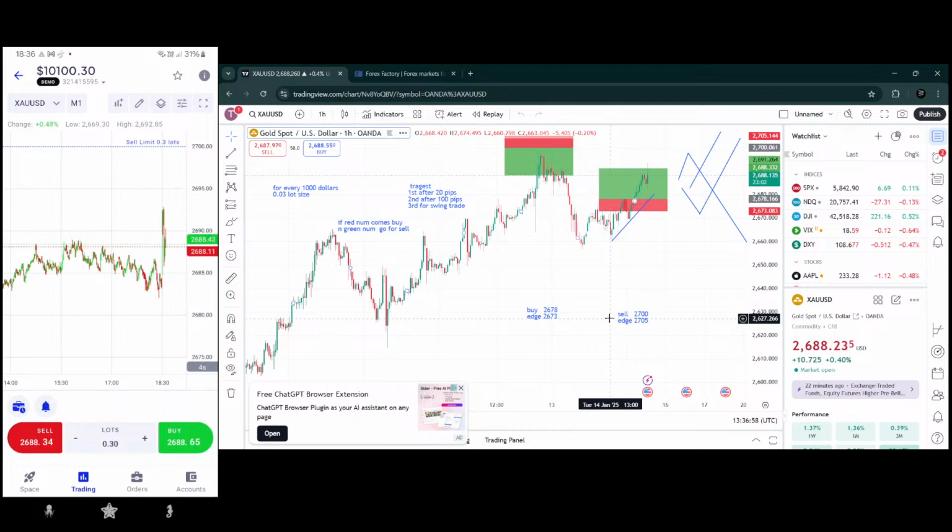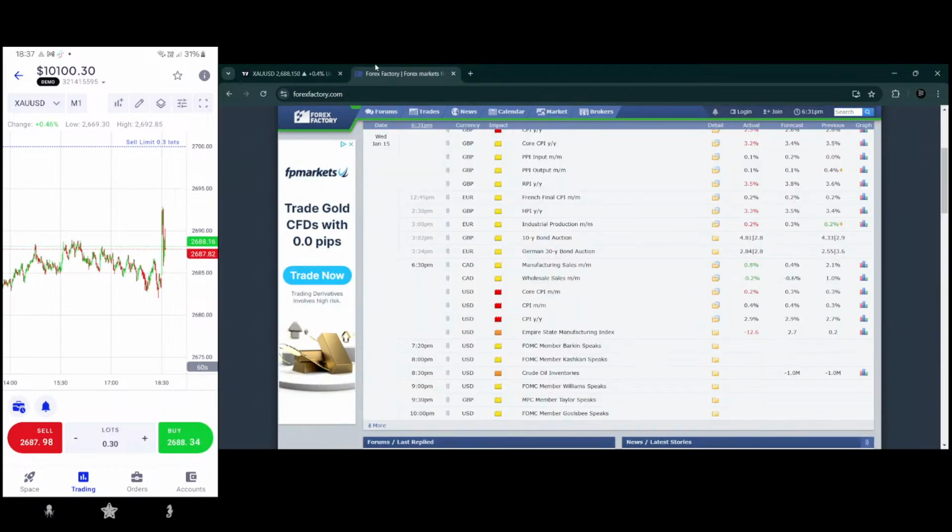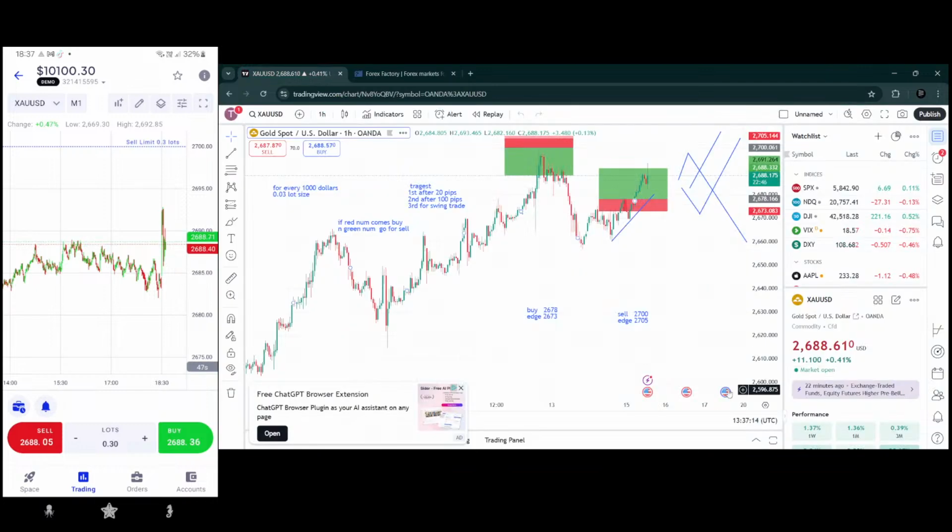So as you can see, even right now the news is done and the news was mixed. That's why the market is stuck. The market doesn't move much today because the news was mixed.